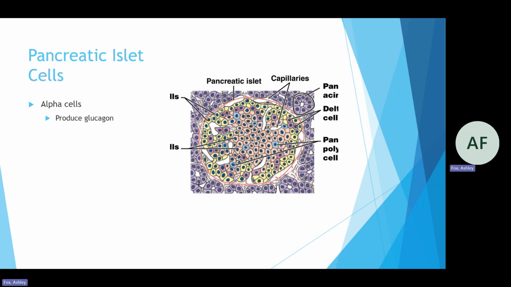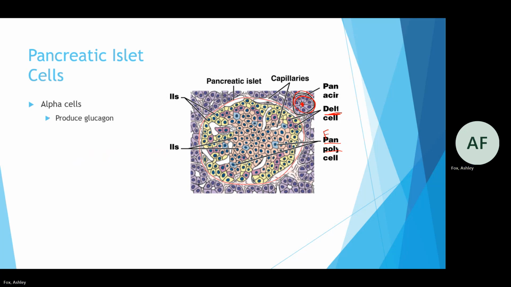So again, here is a picture of the pink-highlighted islet cells. These are cells that make digestive enzymes. They have a duct in the middle, so that's where it's going to go. We have delta cells and pancreatic polypeptide cells, which are F cells. And then we'll have alpha cells and beta cells in here.